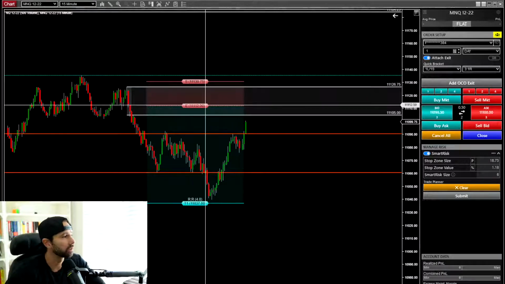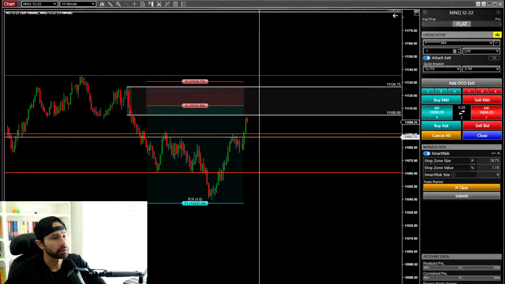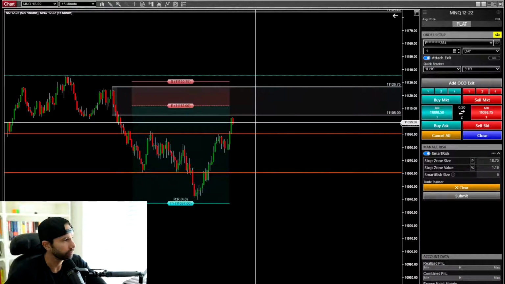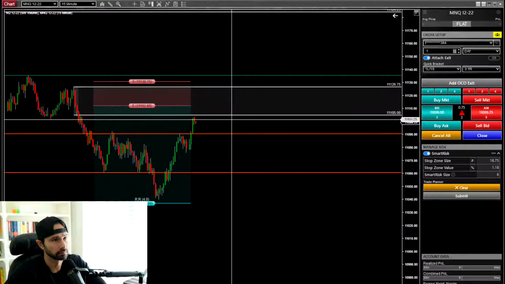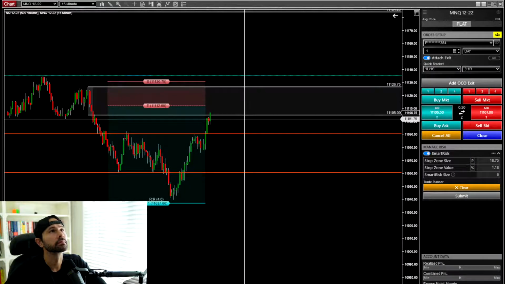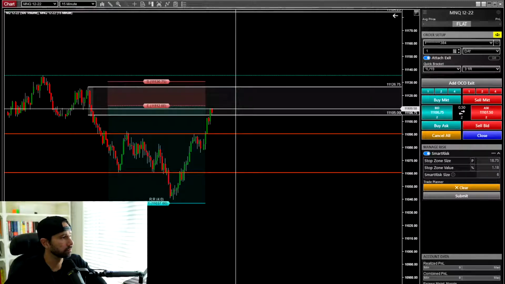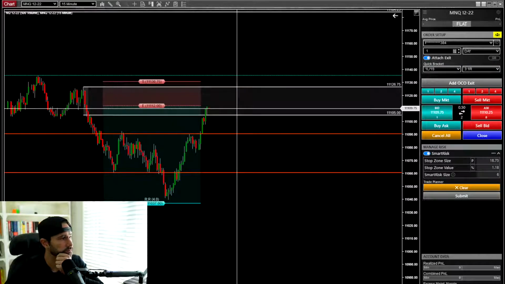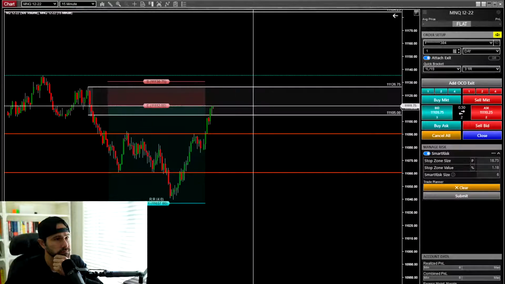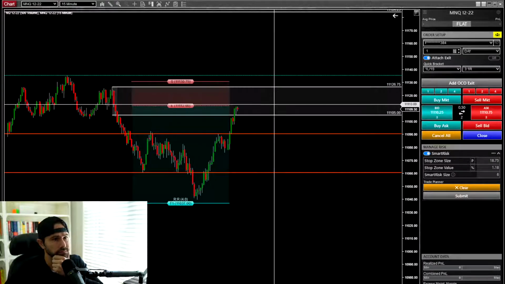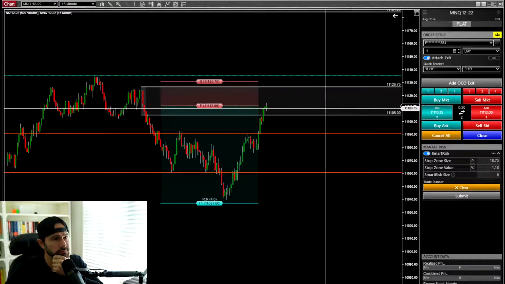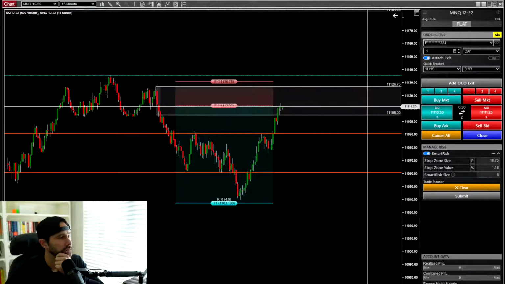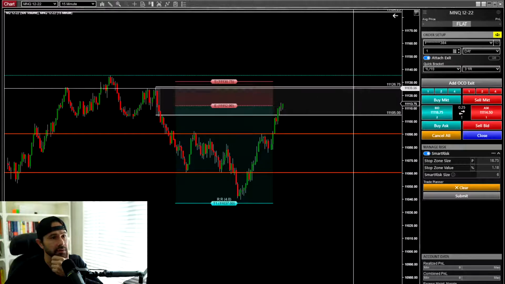So new 15 minute and tick chart is making new highs. We might have a break to the upside, even the overnight high probably.